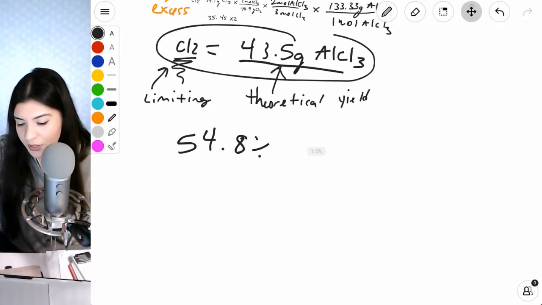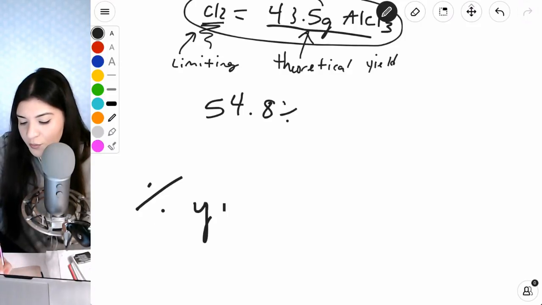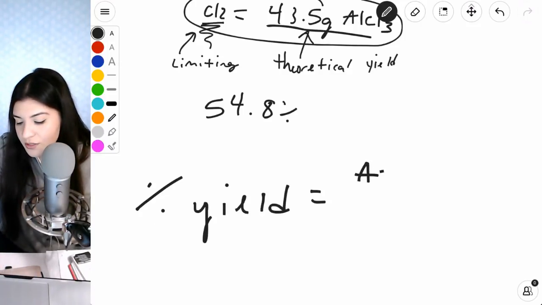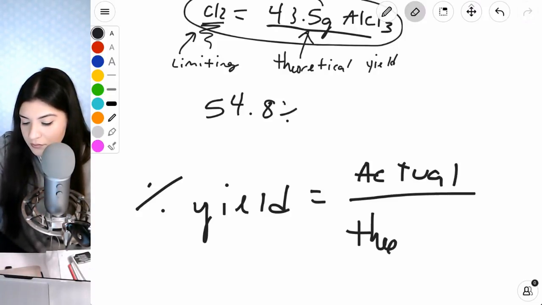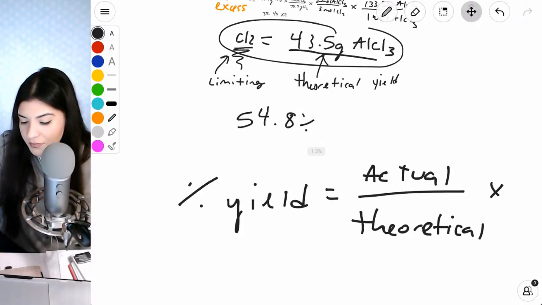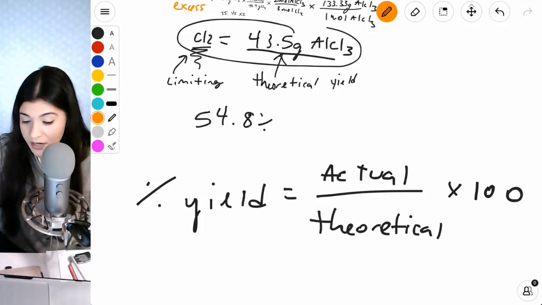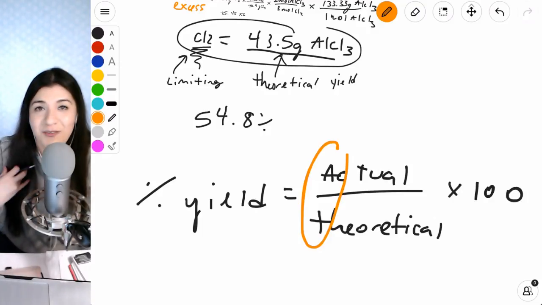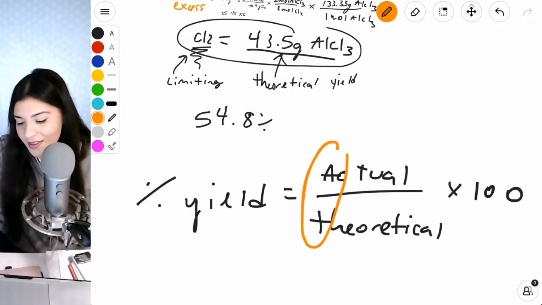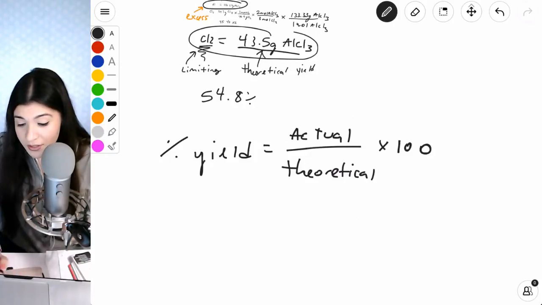So since our percent yield was already given, remember the formula for percent yield is actual yield on top divided by theoretical yield, times 100. And how I personally like to remember this: percent yield is where it's at. Okay, that's how I remembered it on my exams. So that helps in case you forget which one goes where. So percent yield is where it's at.